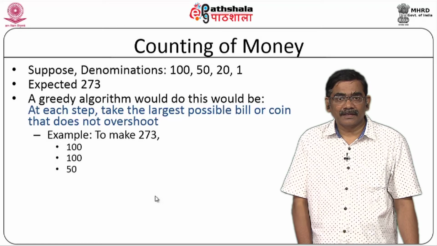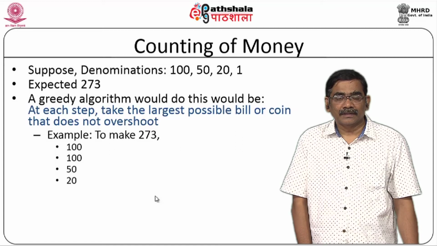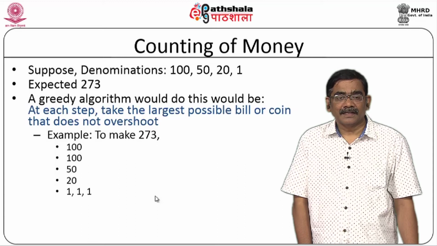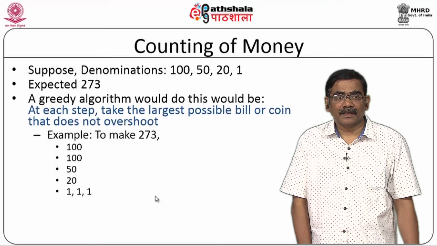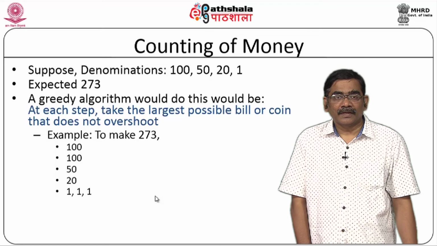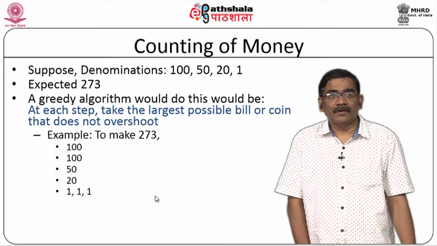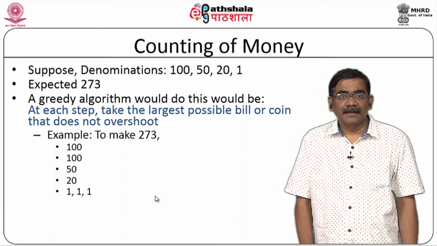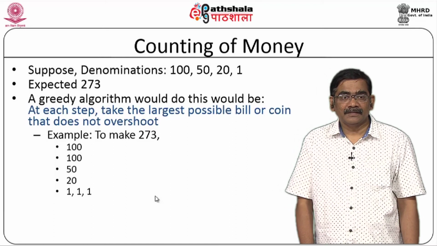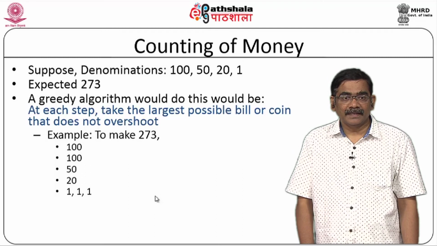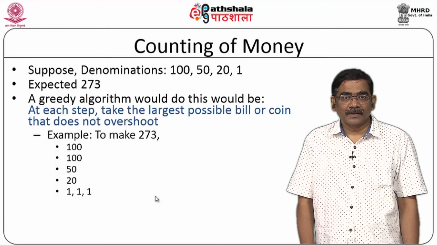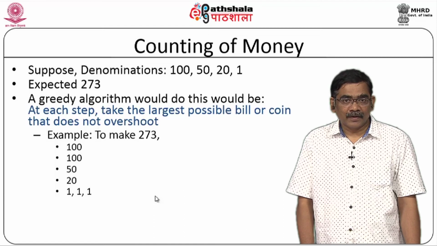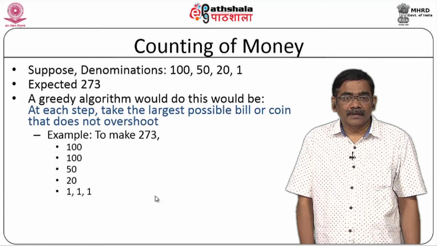The largest denomination is now 20. So 3 is pending, which must be satisfied as 1, 1, 1. So, the coin change solution for 273 will be 100 plus 100 plus 50 plus 20 and 3 ones. This is the optimal solution.